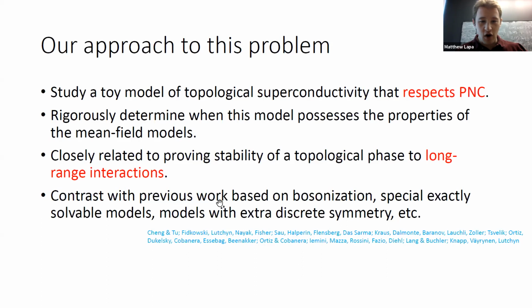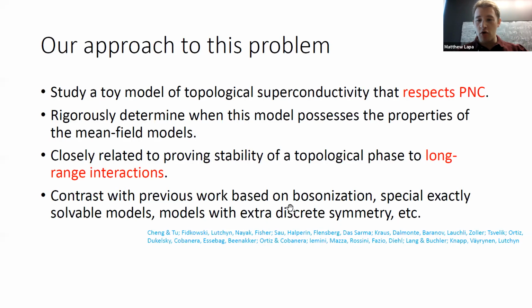And I want to contrast our approach with some previous work on this problem of particle number conservation and topological superconductivity. There's some work using low energy field theory descriptions, bosonization, and various approximations. There's other work using special exactly solvable models, or models with extra discrete symmetry which can protect certain degeneracies.